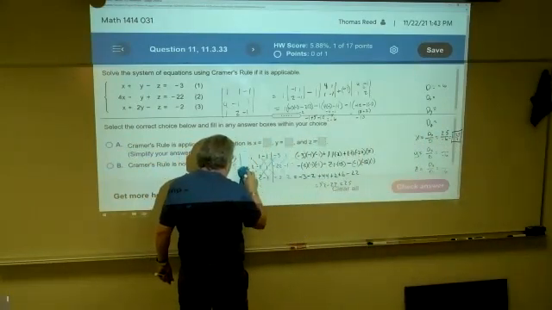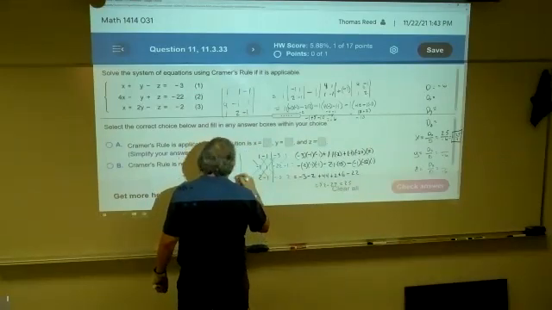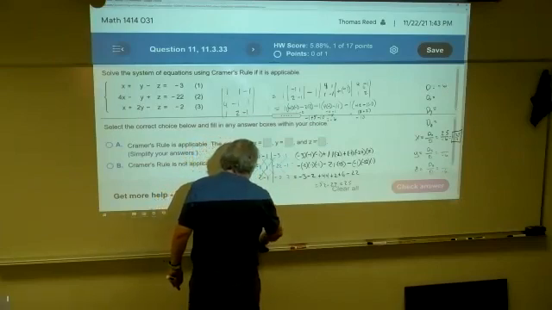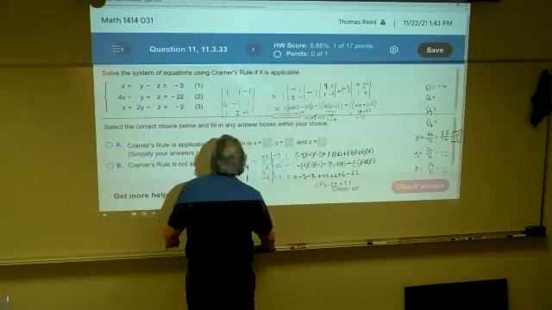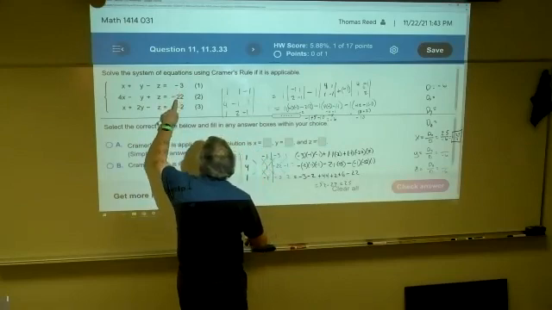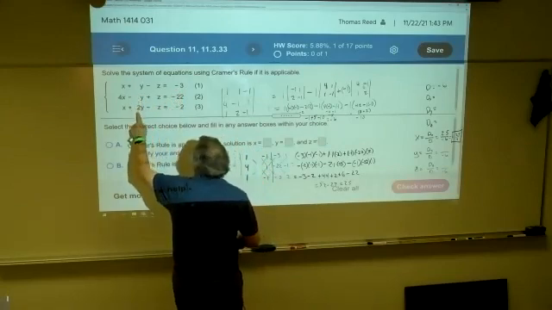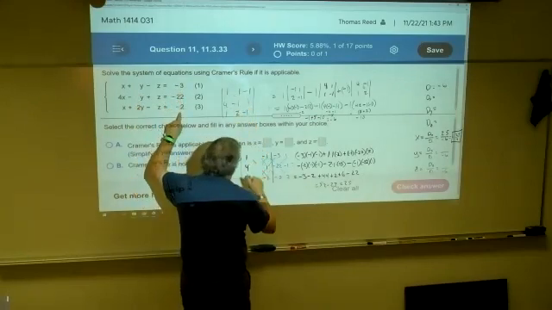So now I'm going to put my X numbers back in here. The 1, 4, and 1. But now I'm going to replace my Y coefficients with the -3, -22, and -2. So this 1, -1, this 1, -1, and 2 gets replaced with these numbers.